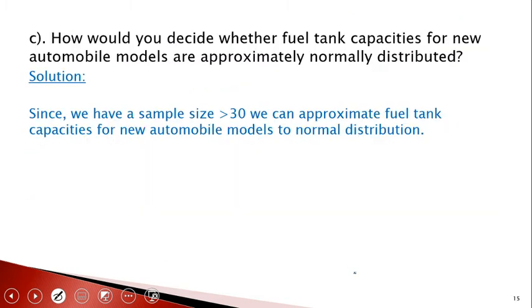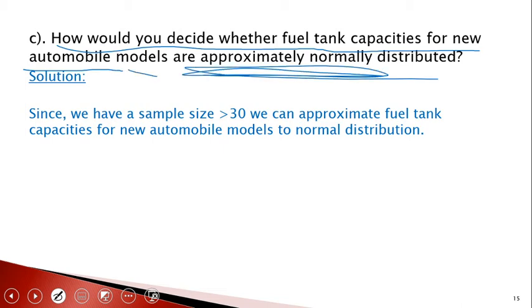Part C, they ask, okay, this is something important. How would you decide whether the fuel tank capacity for new automobile models is approximately normally distributed? Easy. Check what is the sample size n.